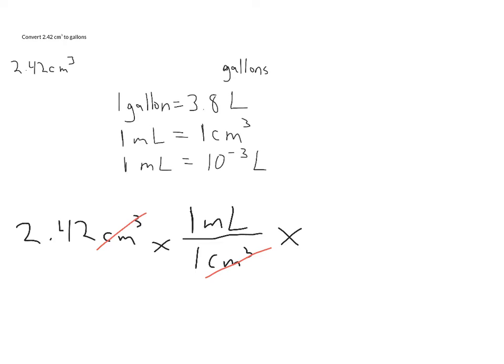Next, milliliters. Okay. There's one equality left that has milliliters in it. 1 milliliter is 10 to the minus 3 liters.